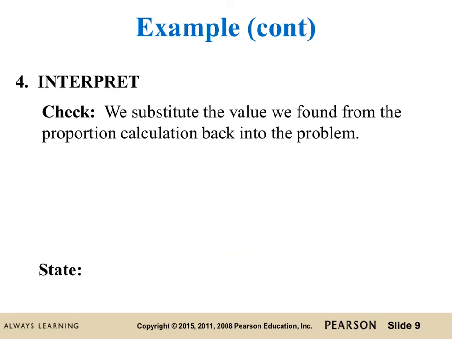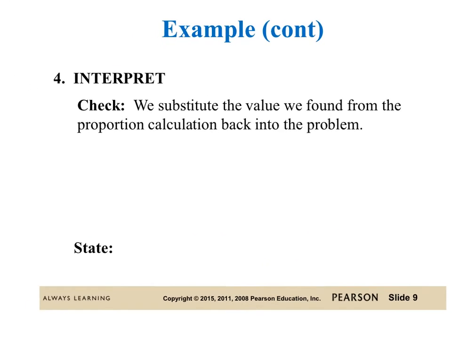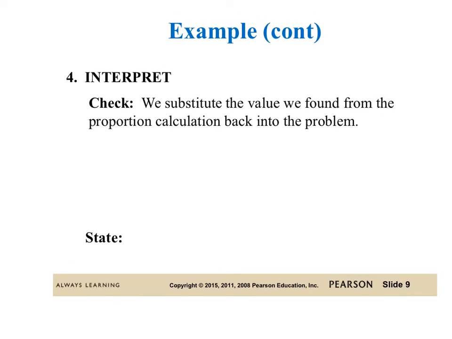So then we move to the next step, which is to interpret our problem. First, we need to substitute our value back in to check it. So to do that, we have 1 over 26 plus 1 over 39, and the question is, does that equal 1 over 78? And in fact, it does.